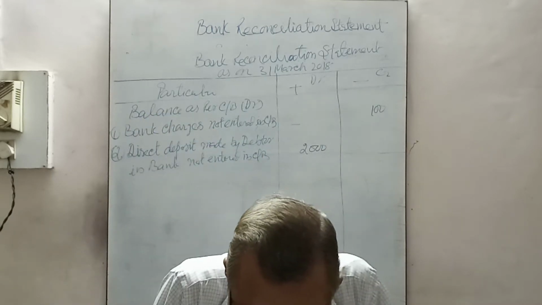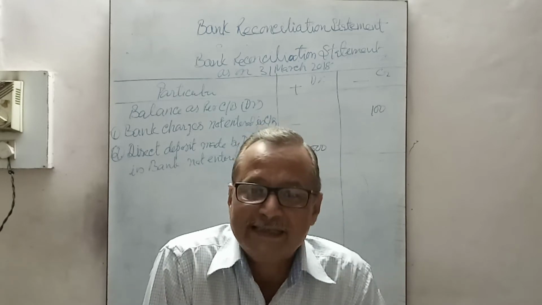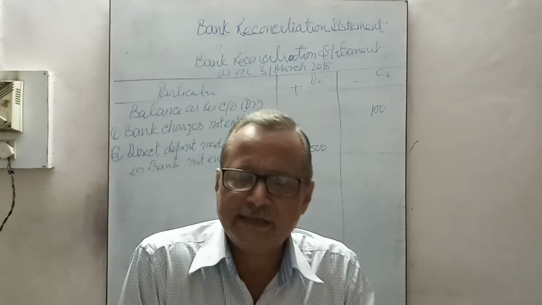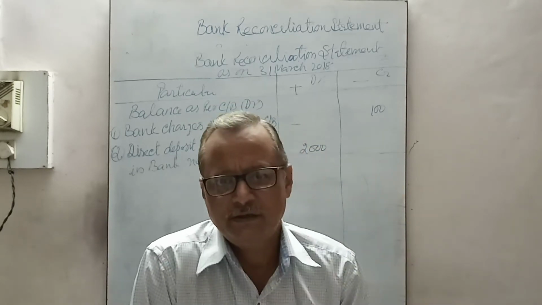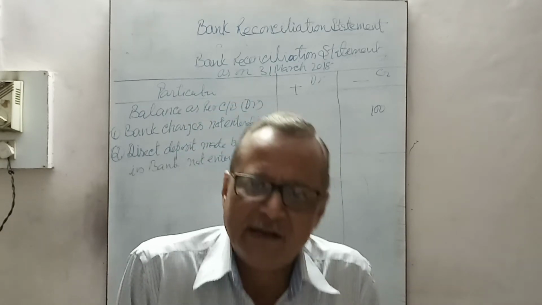Now next is checks totaling 12,900 were issued, that were deducted in the cash book. It was presented on the credit side, written on the credit side. So the balance is being reduced, decreased, but it was not presented for payment in the bank.